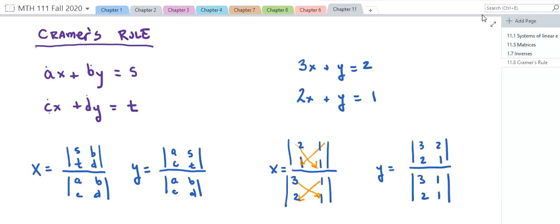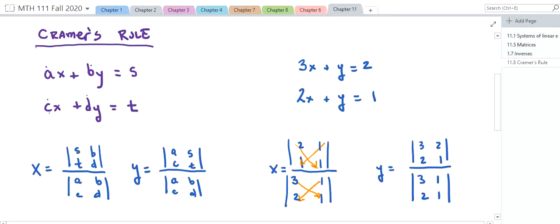If we had 3 variables, we would do the same thing, except we would have 3 different equations here. So you'd have maybe an S, T, and a U. And again, you would set up the X, Y, and then you'd have a Z. The denominators would all have the same matrix, except it would be a 3 by 3 matrix instead of this 2 by 2 matrix.